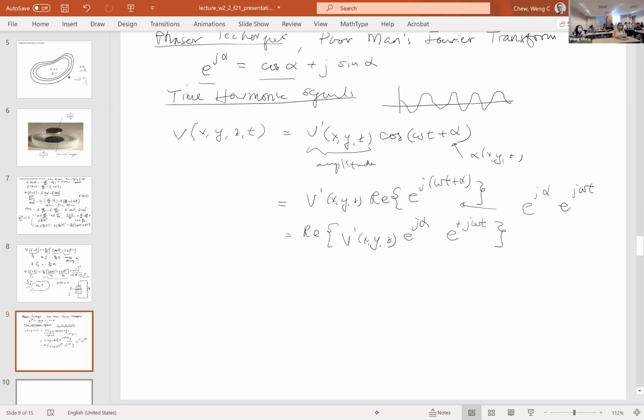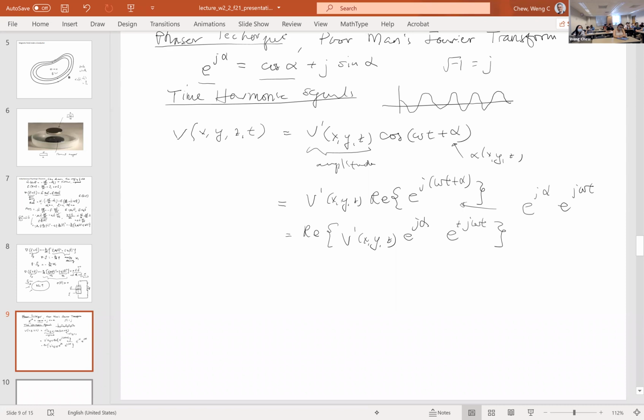Electrical engineers like to use j as the square root of minus 1. Do you know the historical reason why electrical engineers do this? Or is it because electrical engineers are quirky? Yes? Because you use I all the time. That's right, very good. Electrical engineers started out using complex notations quite early.